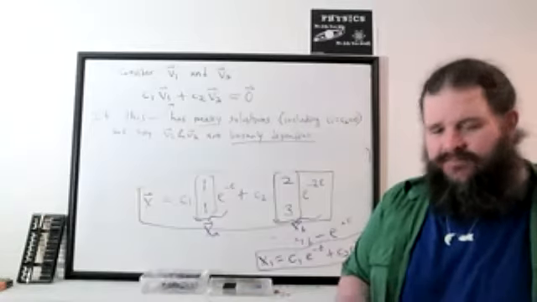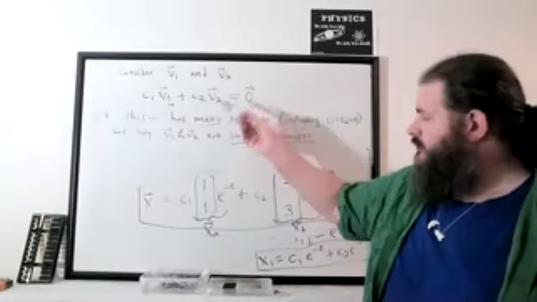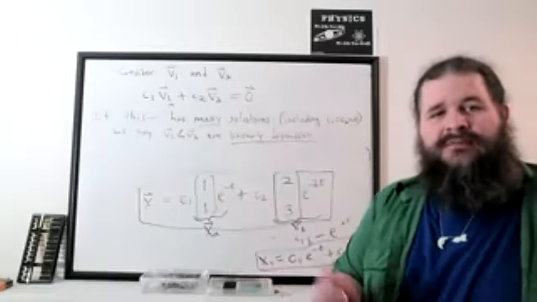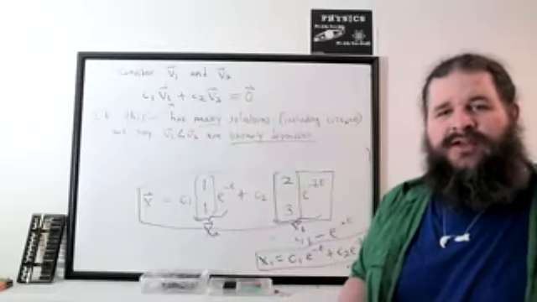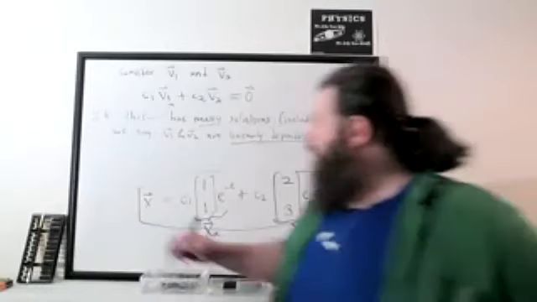On the other hand, if the only solution is the trivial solution, if the only way to get them to cancel out is to cheat and use both c values equaling 0, then we say they are independent vectors.